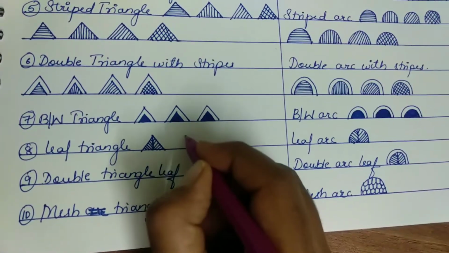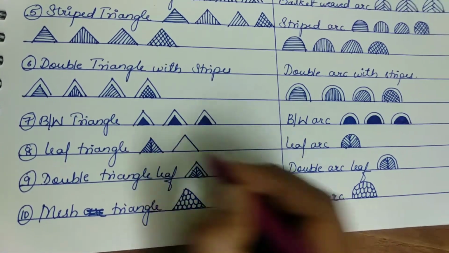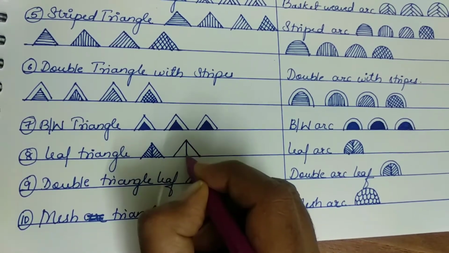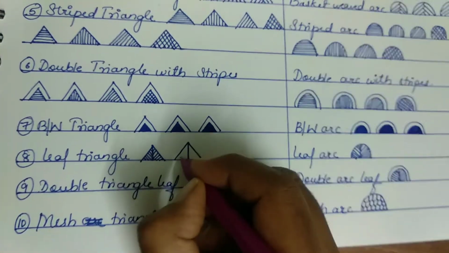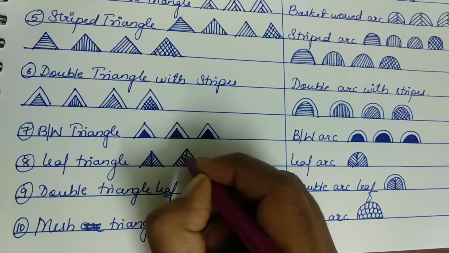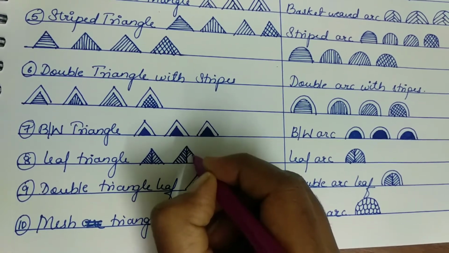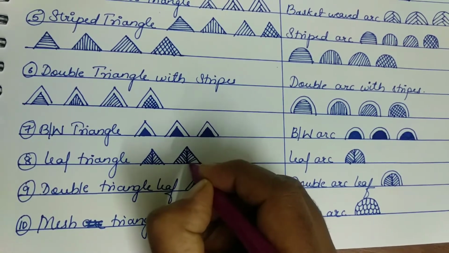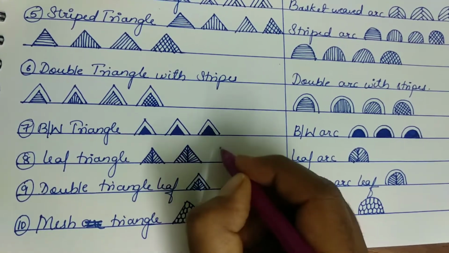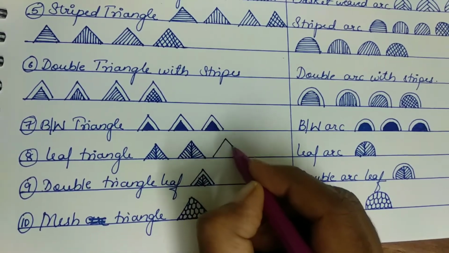Next is the leaf triangle. Draw the triangle, draw a vertical line in between, and then you just need to draw the slant lines on one side and the other, merging each at the center point, giving it a look of the veins of a leaf.